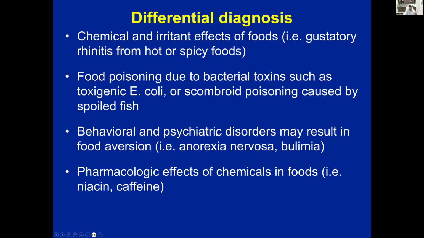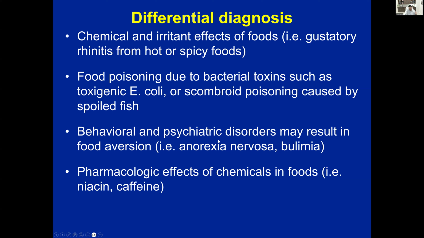And then you have people, especially people who have behavioral issues or psychiatric disorders, an example would be anorexia. These patients often restrict their food intake anyways, and they'll have severe food aversions, sometimes so severe that even at the sight of the food, they'll get nauseous.